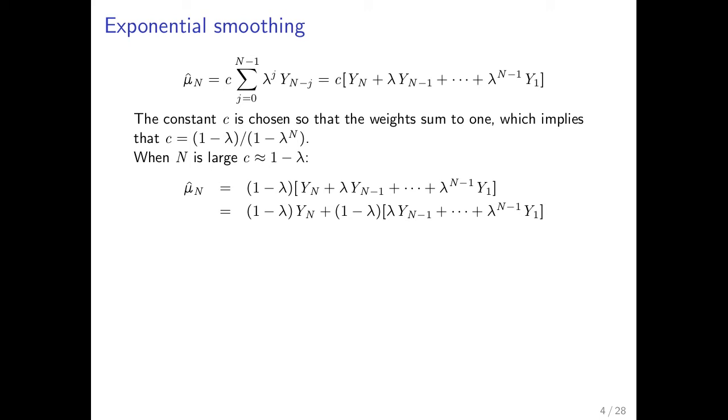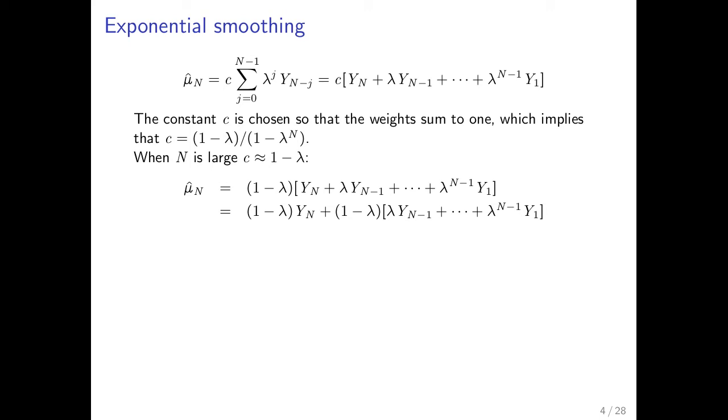That's our reference. Then I take the first element out: (1 minus lambda) y_n plus (1 minus lambda) times lambda y_{n-1} plus dot dot dot plus lambda to the n minus 1 power on y_1.